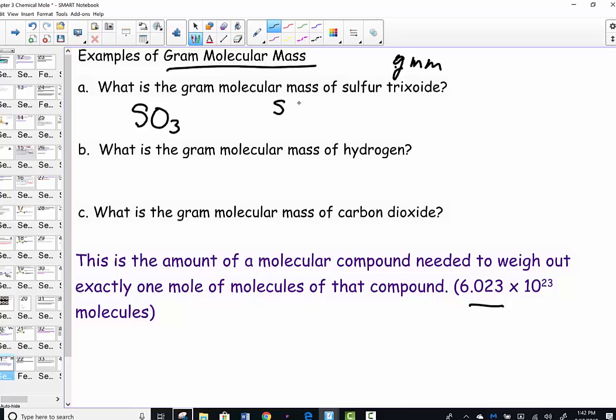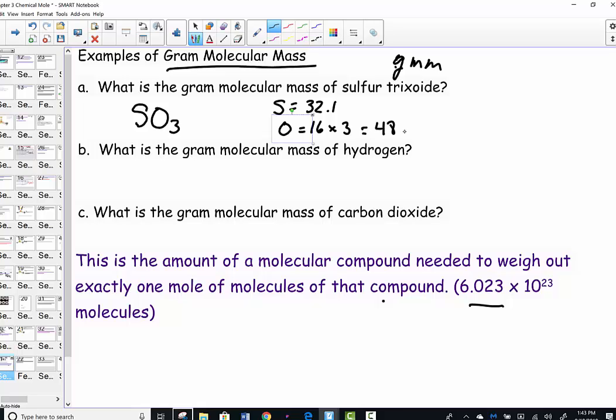We looked up sulfur a moment ago, and it had a molar mass of 32.1. There's one sulfur in that compound, contributing 32.1 grams to the entire compound. Oxygen, when I looked it up, said 15.999. If we carry one decimal, it will round to 16.0. So with oxygen, there's 16, but there are 3 of them, each weighing 16.